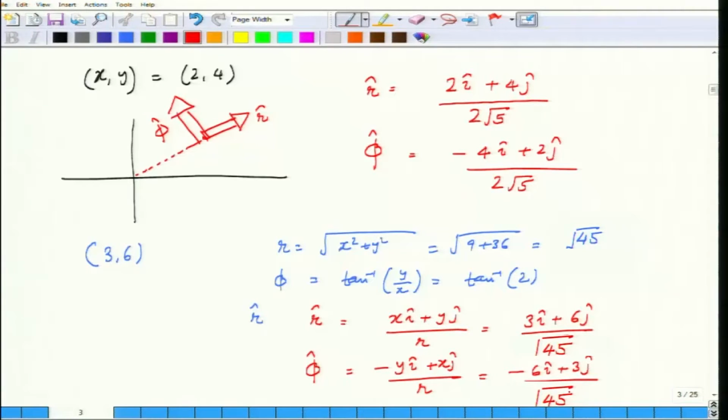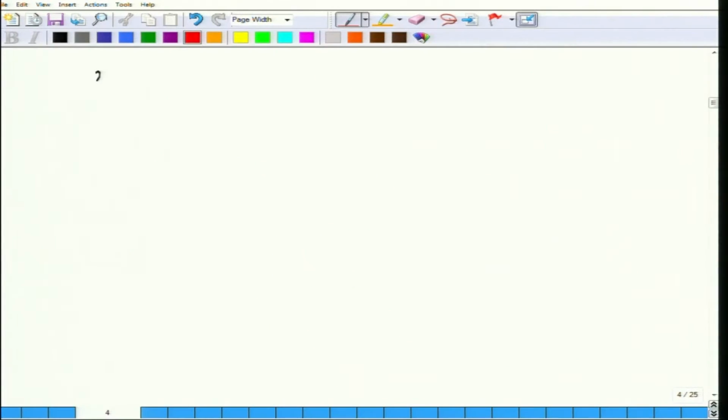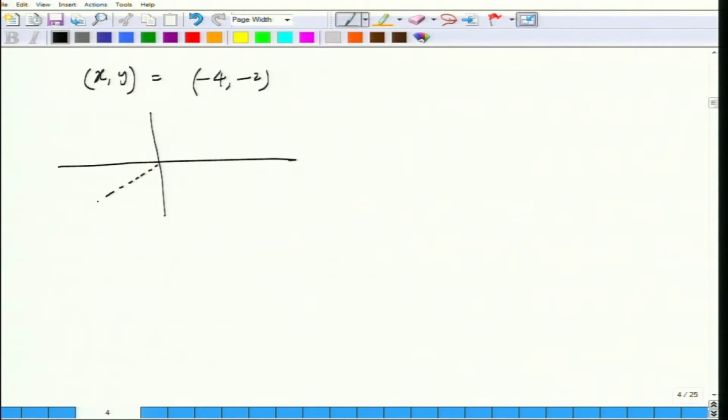The final question in this is x, y given to be minus 4 and minus 2. So this point is actually in the third quadrant out here, and therefore the distance r is square root of 4 square plus 2 square, which is again 2 root 5.